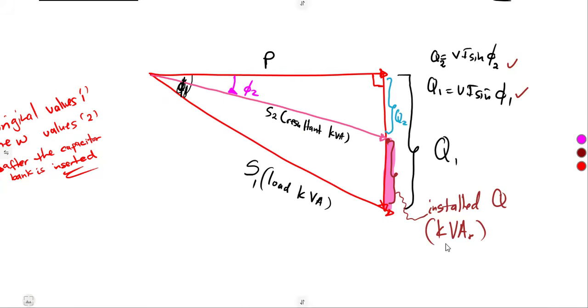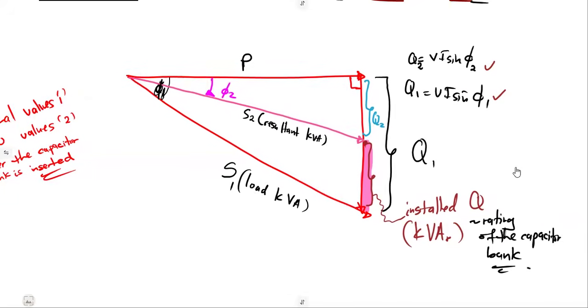The rating of the capacitors that were being installed, the rating of the capacitor bank. This one, because we inserted the capacitor bank, remember. So this is the rating of the capacitor bank.